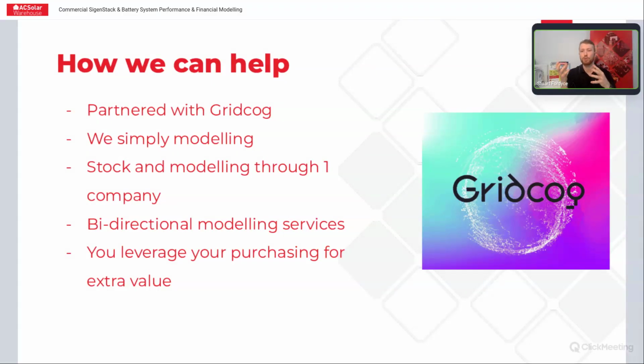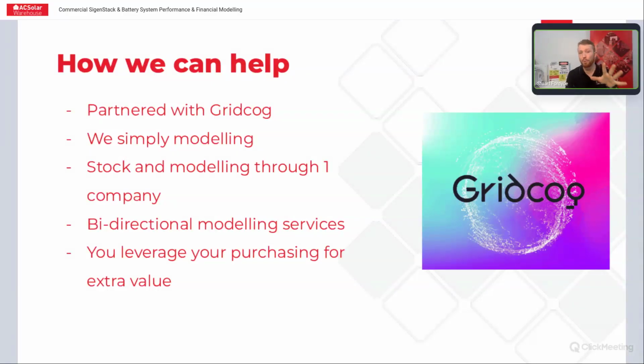And that enables you to leverage the money you're going to spend with AC Solar Warehouse to save a lot of money on the modeling and generate extra value for your business, whether that's time saving, whether that's a cleaner product because it was all through the one service. That's what we're trying to achieve here. So I'll go through in the next slide a little bit about what that process looks like, and you can each sort of go through that and work out what's the value to your business.